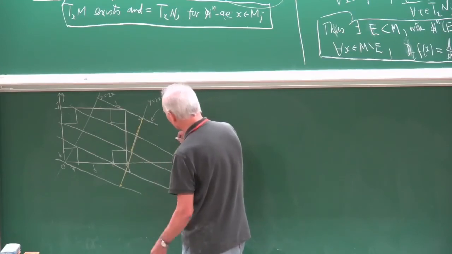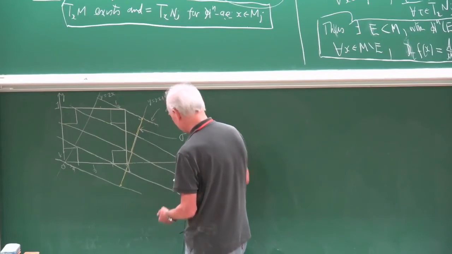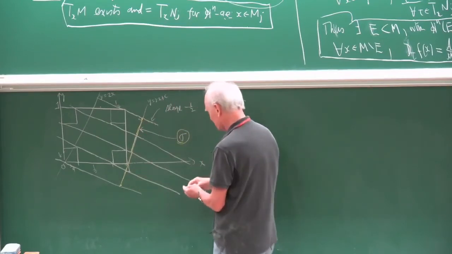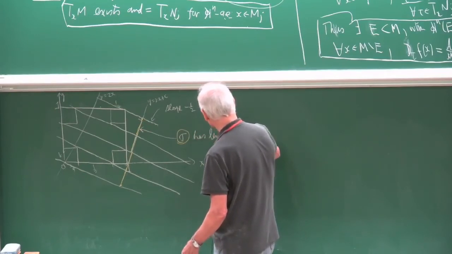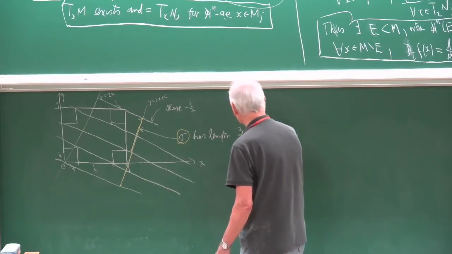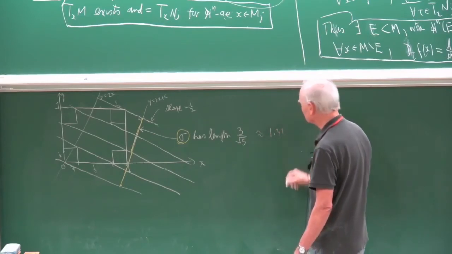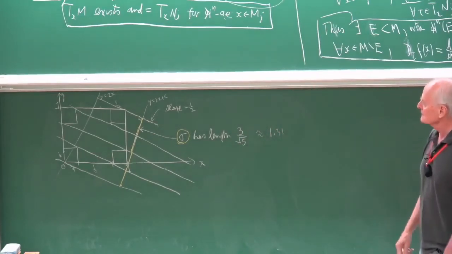You can work it out for yourself. The length of that segment, sigma, that's the yellow thing, has length 3 over root 5, which I believe is approximately 1.31 or something like that. So that's the first point.